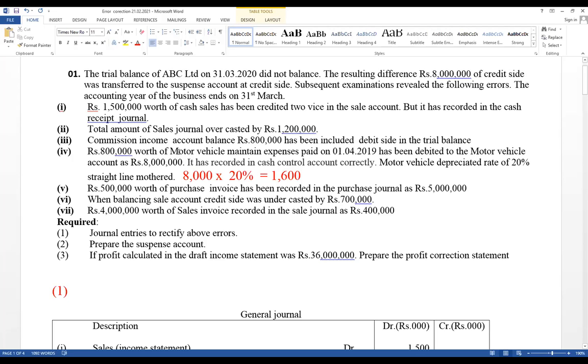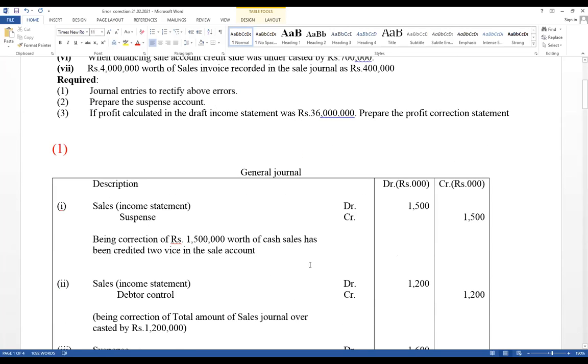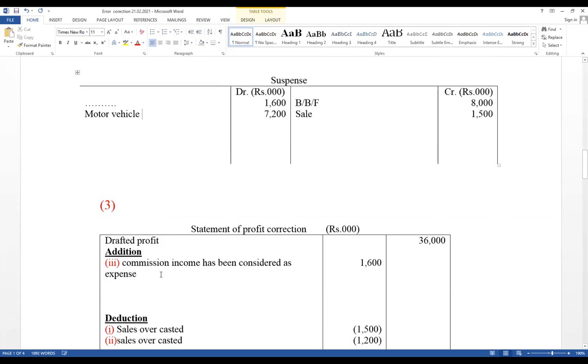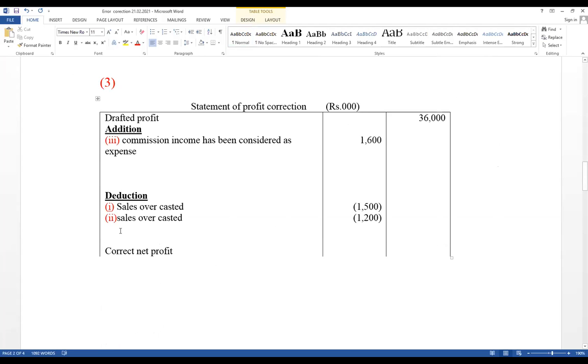Therefore, expense is understated, so the effect on profit is an increase, and for correction it should be deducted. Think about double entry also: if an income or expense account is debited, deduct. Therefore, maintenance expense understated, profit increased, for correction deduct.